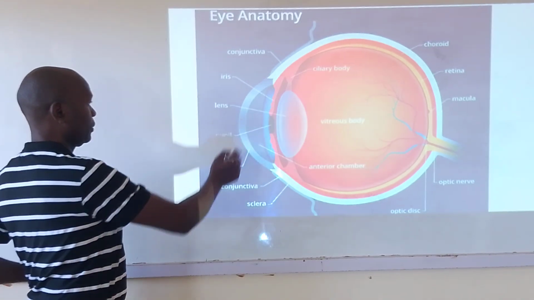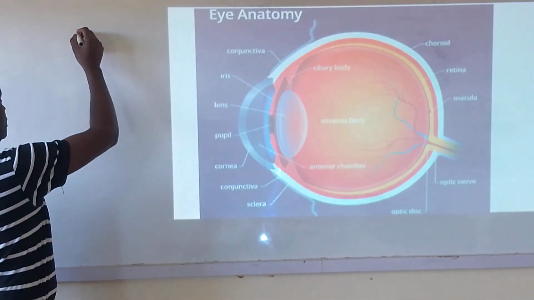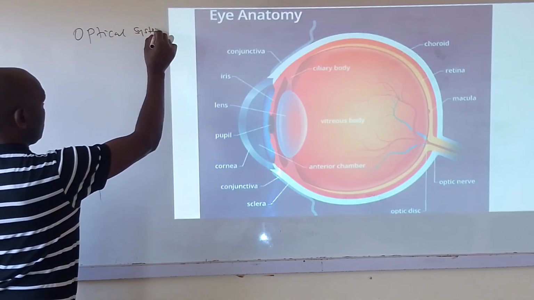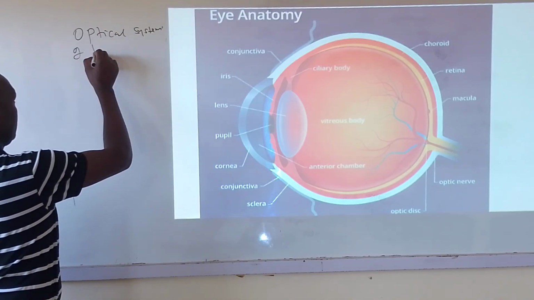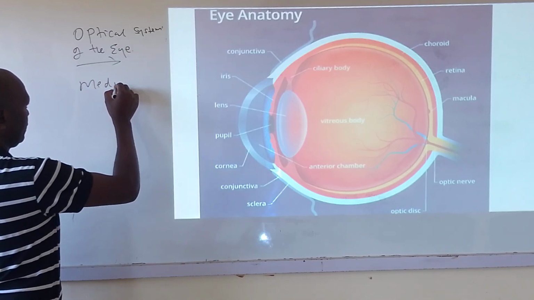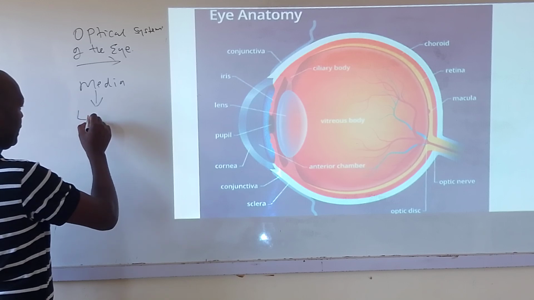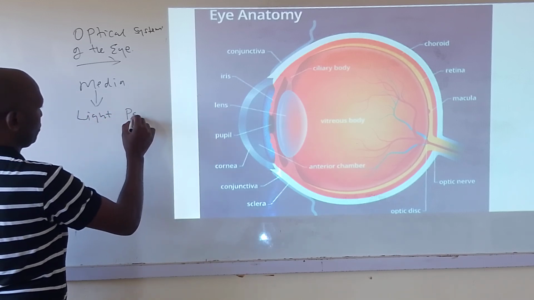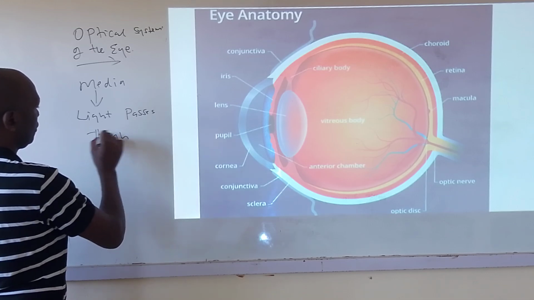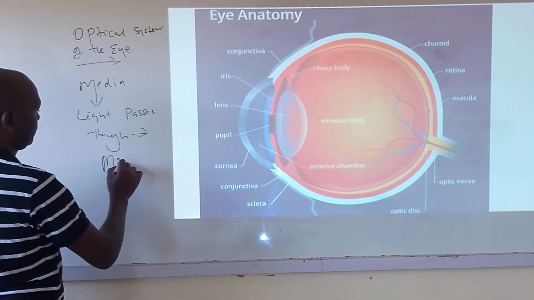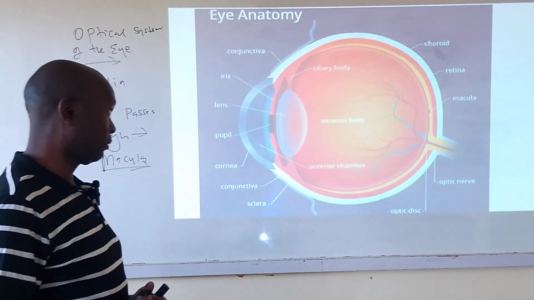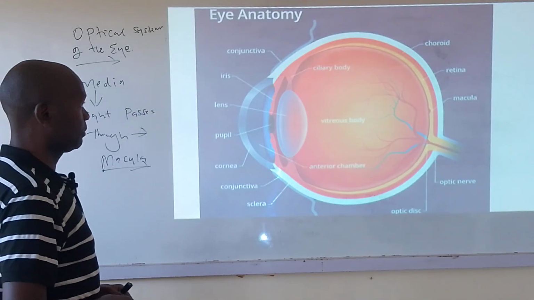So one thing you need to know is that the optical system of the eye is basically the media through which light passes all the way to the macula. This is where we have a high concentration of photoreceptors.